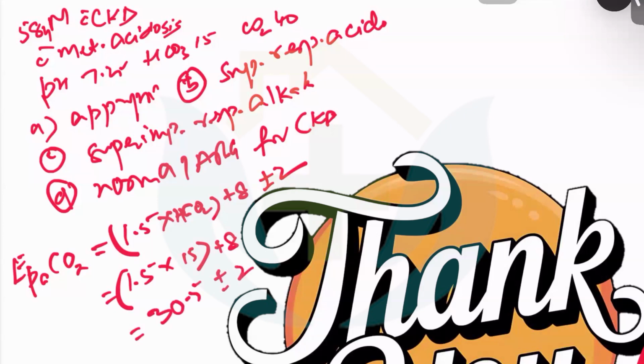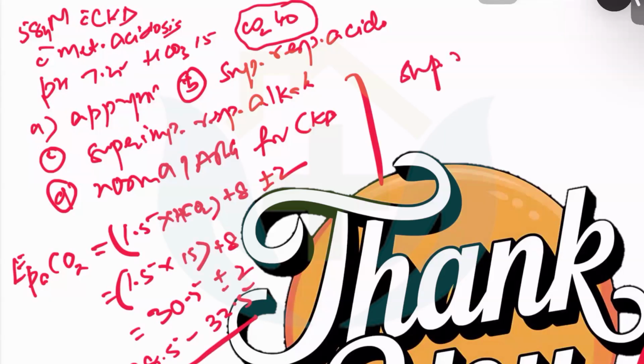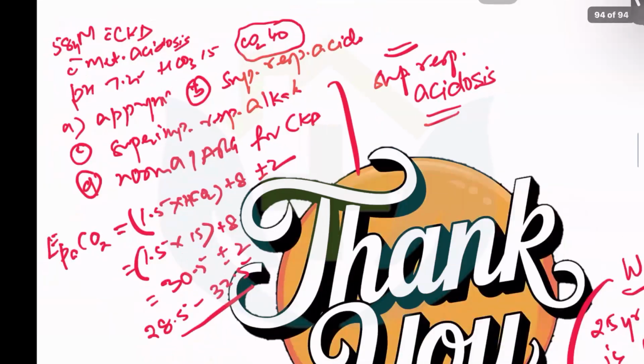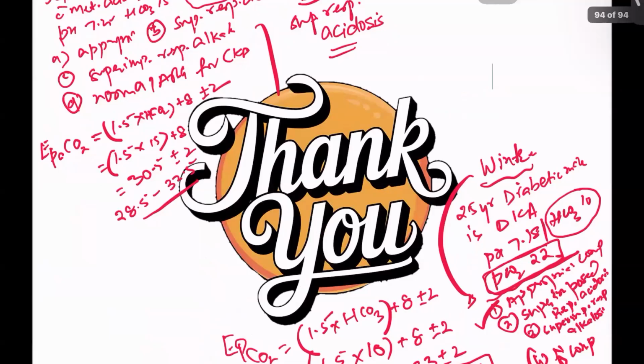That means the range will be between 28.5 and 32.5. And what is the CO2 given here? It is 40. So this is superimposed respiratory acidosis. These types of questions will come from Winter's formula. It was important, so I thought I would discuss it with you.